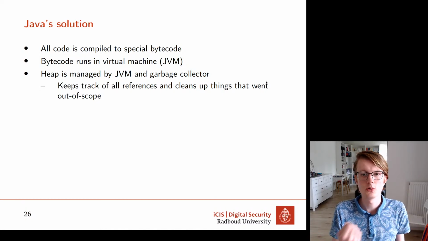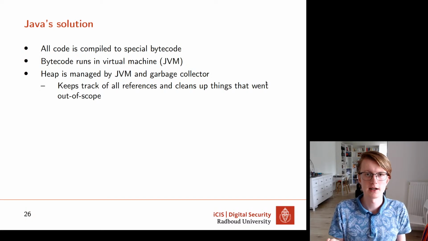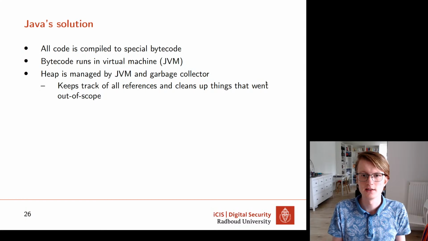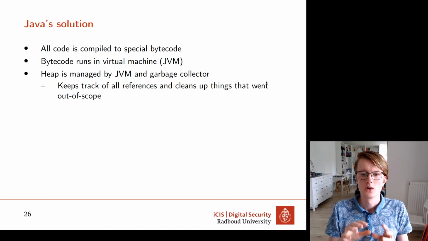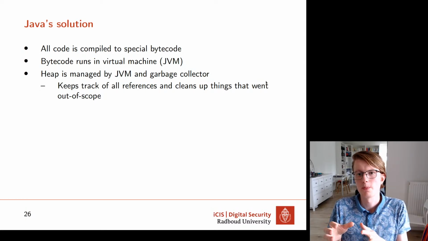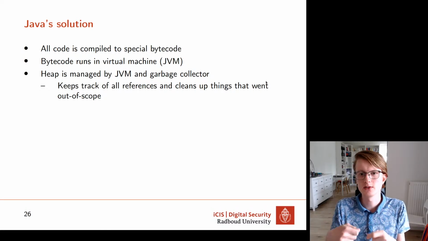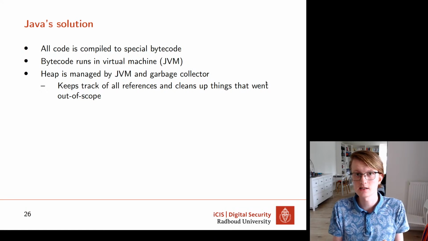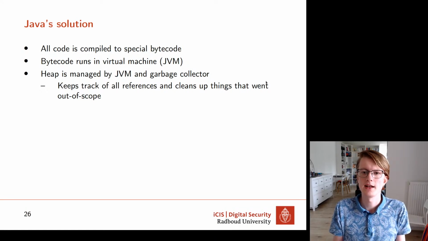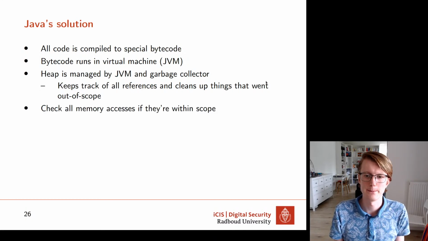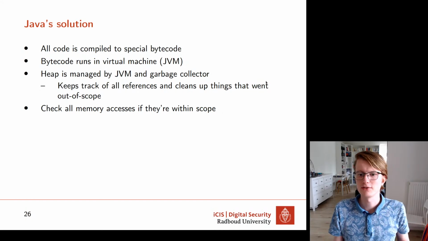So when you call new, it will allocate something on the heap, and then the garbage collector in the JVM will once in a while see how many pieces of code still can access this bit of memory, and if no one can access something anymore, then it simply will throw it away. It will check all of the memory accesses if they're within scope, because they all go through the JVM.